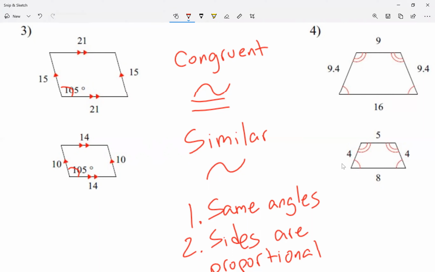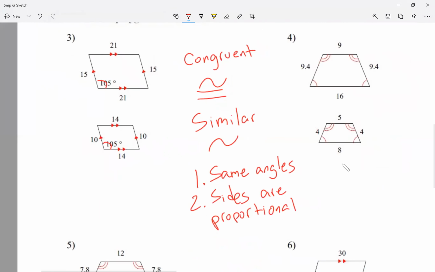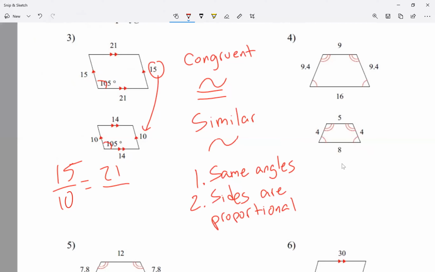Now, when it comes to sides, because remember I said the sides have to be proportional, the numbers that I see on the top figure are the numbers 15 and 21, and then that repetition of 15 and 21 again. I noticed 15 from the top figure is corresponding with 10. So 15 goes with 10 and 21 goes with 14.